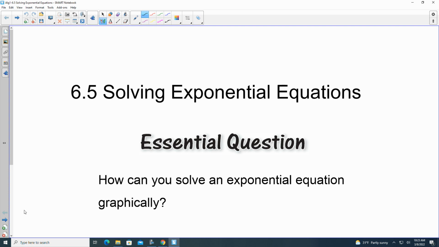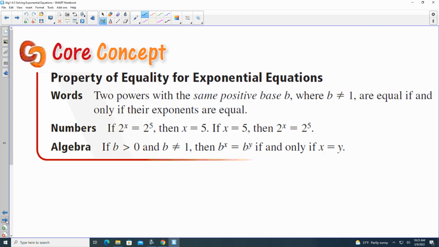The easiest way to solve them is to make sure that we have the same base on both sides of the equation. Over here, notice how both of these have a base of 2. One is 2 to the x power, and the other one is 2 to the 5th power.